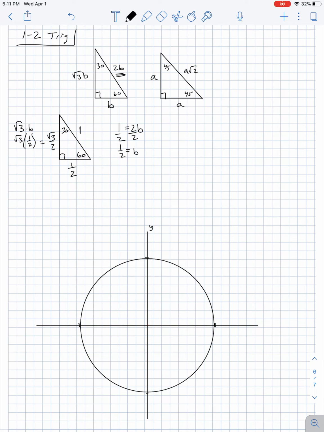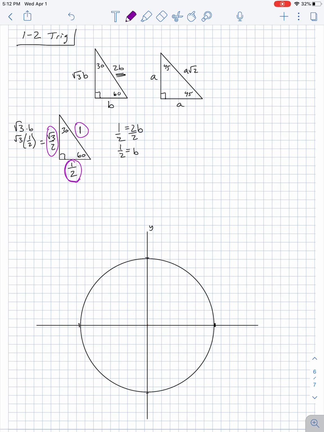So that's the length of that side. And you can see that it makes sense. If this is our b, 1/2, then this side is twice as big, and twice 1/2 is 1. And then this side is root 3 times the short side, which is root 3/2. So hopefully that makes sense.